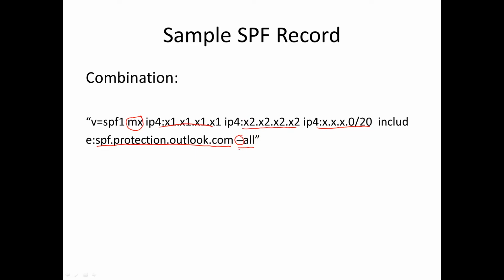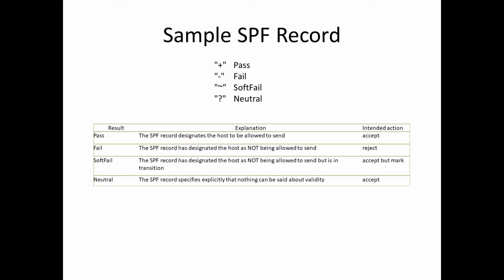Another thing that I would like you to notice is the hyphen, which is called a quantifier in an SPF record. There are actually different quantifiers: the plus sign, the hyphen, the tilde, and the question mark. So plus for pass, hyphen for fail, tilde for soft fail, and last we have question mark for neutral. Pass means accept, and commonly you don't have to write the plus sign in an SPF record.